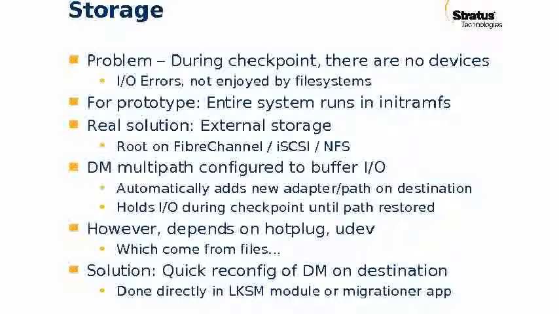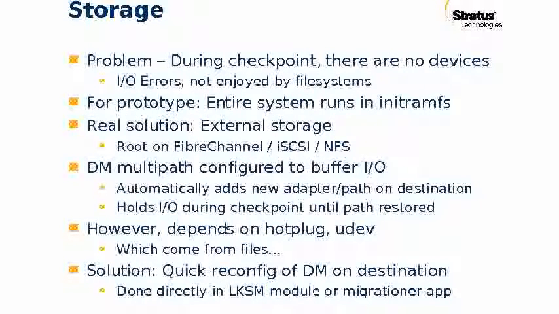And that worked great. The real solution we've adopted since then is we switched to external storage, where you could have the root on Fibre Channel, iSCSI, NFS. We chose Fibre Channel. That was the simplest given our development environment. And this seems to work pretty well.